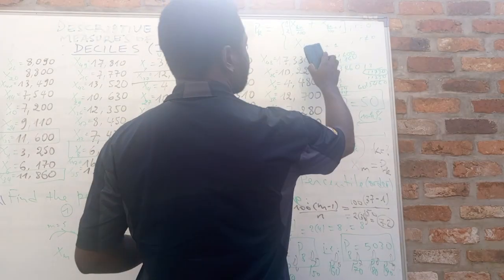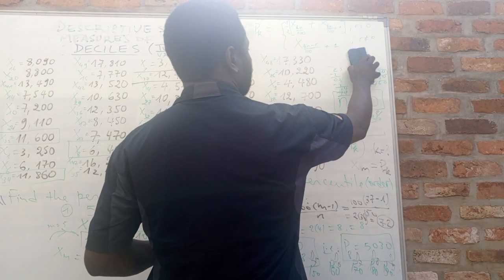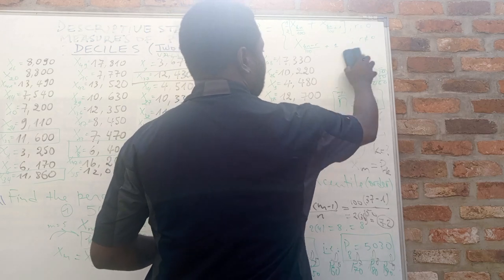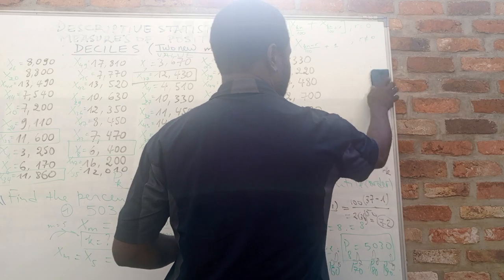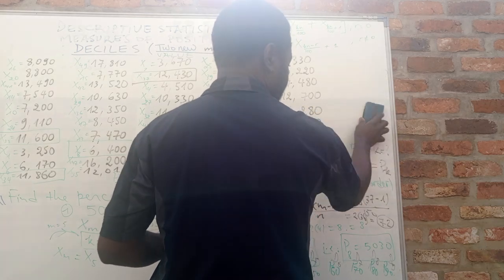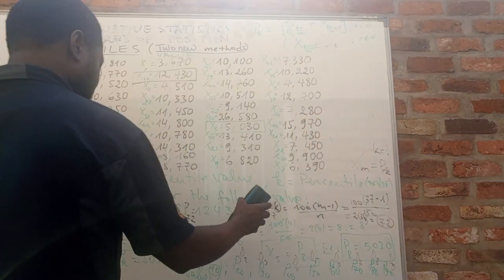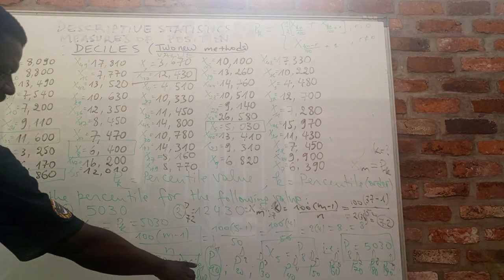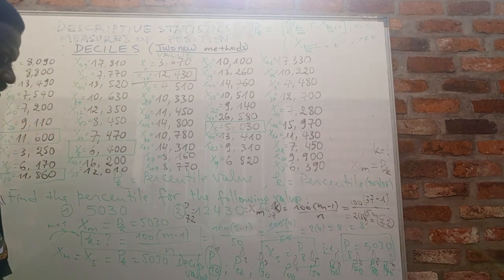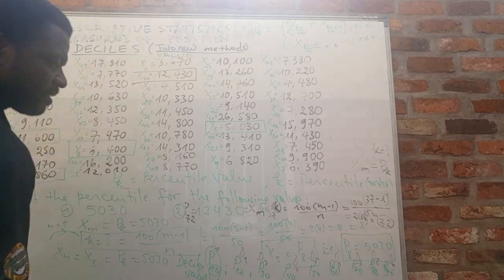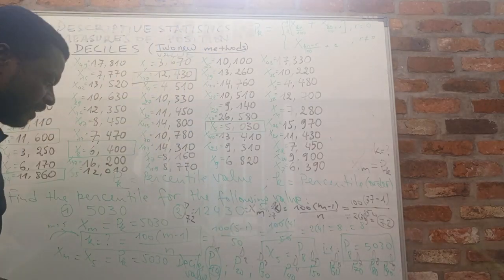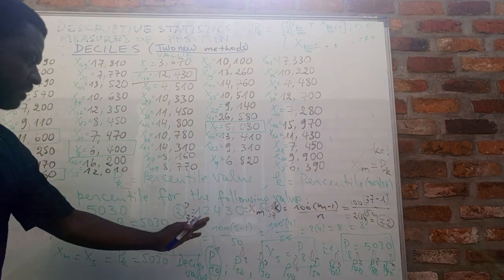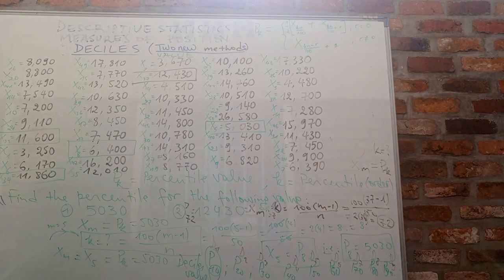I think the formula doesn't need to change. So now we're going to be talking about deciles of order 1 until order 9, as was said last time.